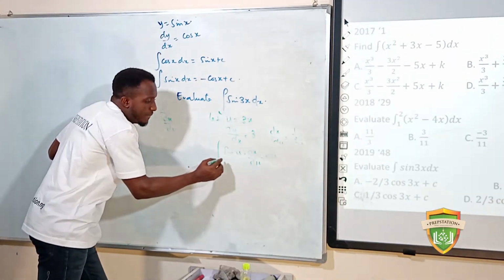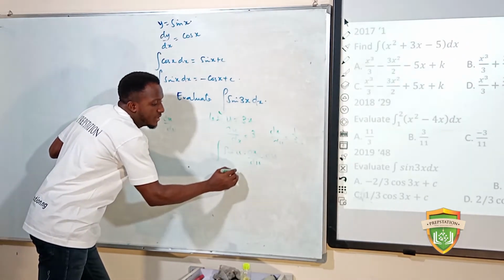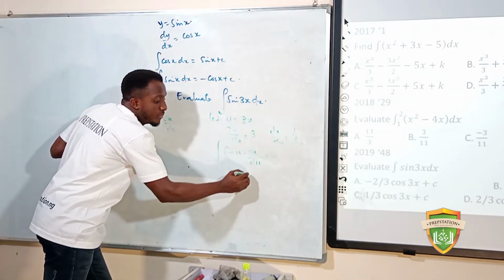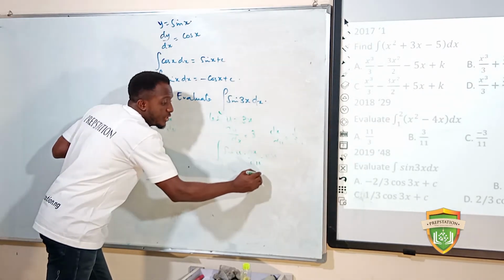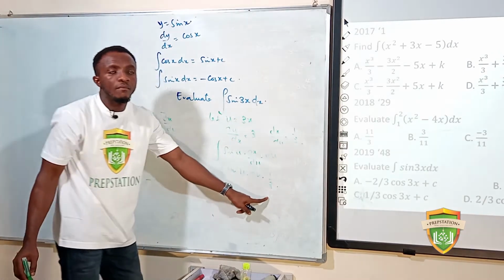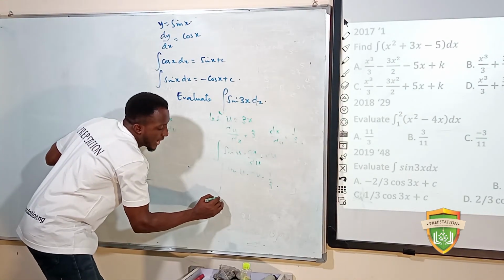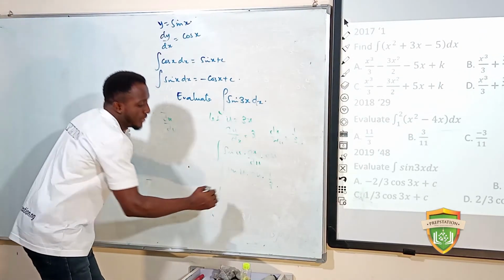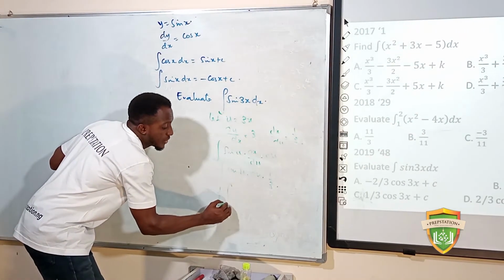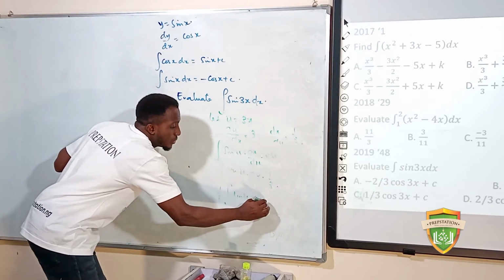If we try, we're going to have the integral of sine u times 1 over 3 du. So we bring this 1 over 3 out of the integral sign. We have 1 over 3 times the integral of sine u du.